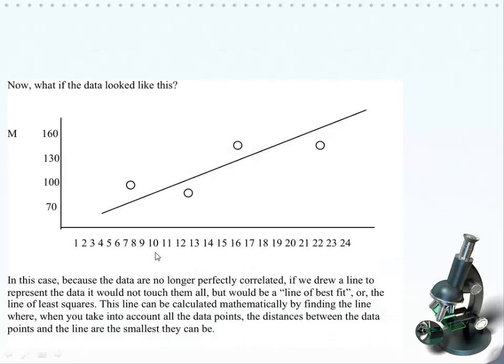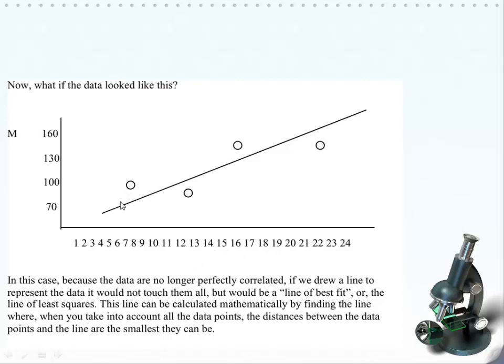Now if the data looked like this, and Jane came back and she had an N on this scale, and we had our line of best fit, we could plot her on the line of best fit at the 10, and we could make an estimate of where she would be on the M. But because the correlation isn't quite so nice, there's some difference between the points here, and those would represent some potential error.